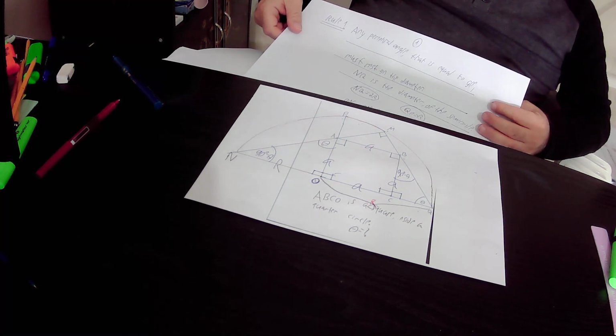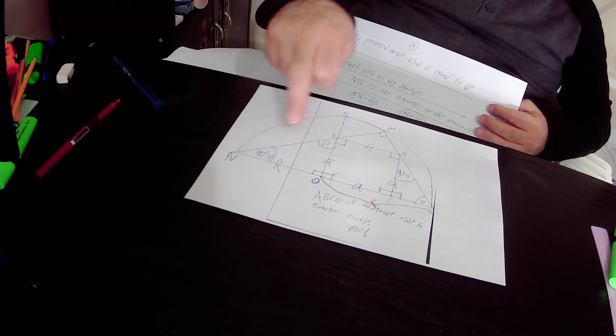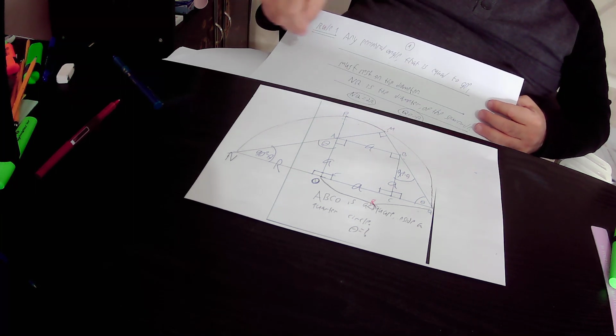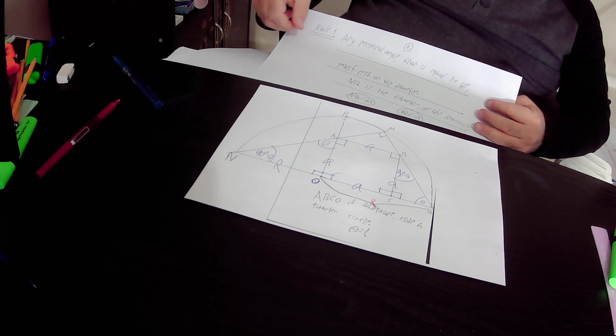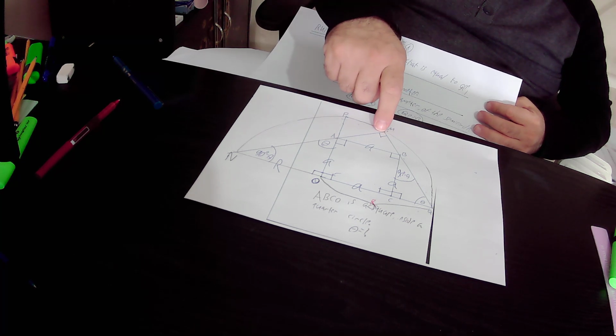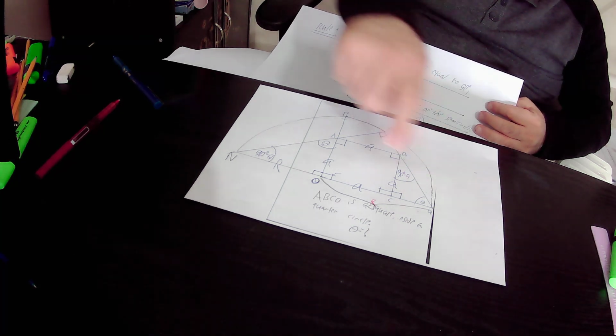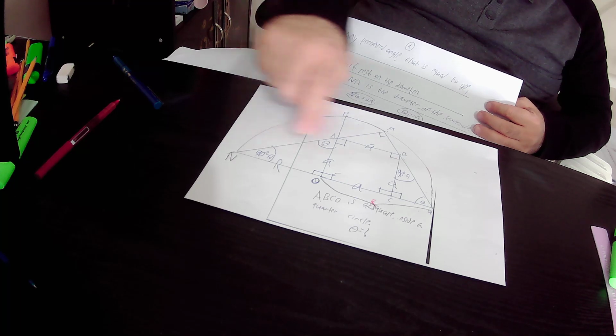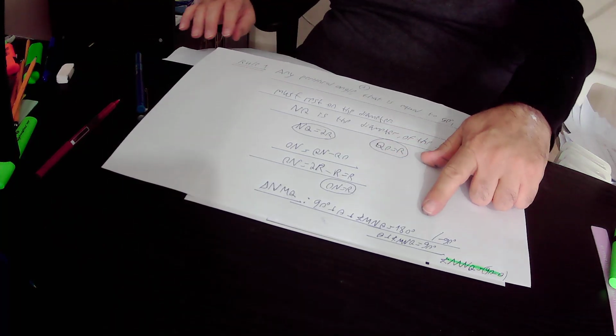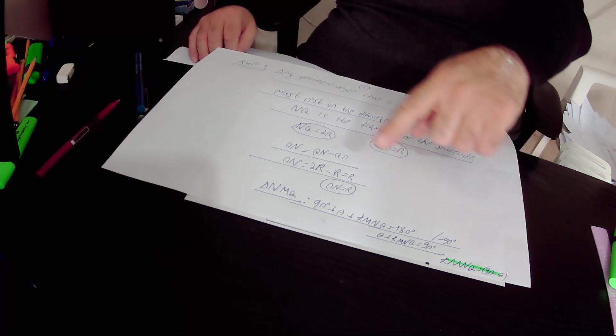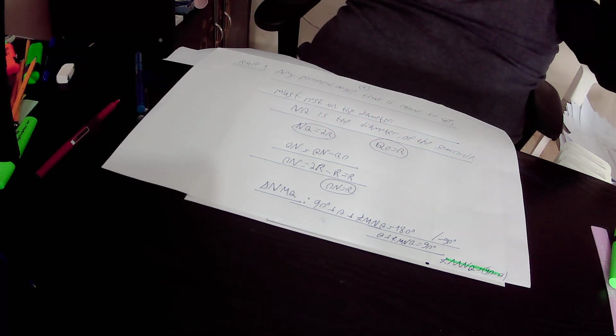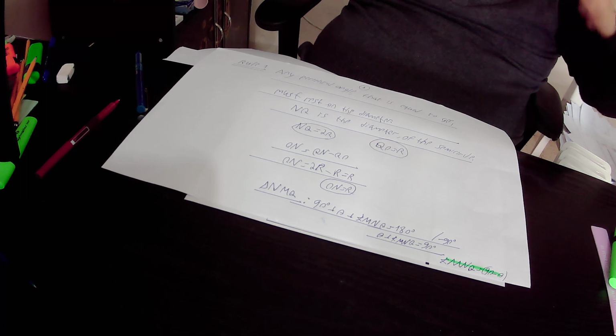And in the right triangle NMQ, the sum of the angles must be equal to 180 degrees. So which angles do we have here? We have 90 degrees, we have angle theta, and we have angle MNQ. The sum of those three angles must be equal to 180 degrees in triangle NMQ, according to the rule that the sum of the angles in any triangle is equal to 180 degrees.